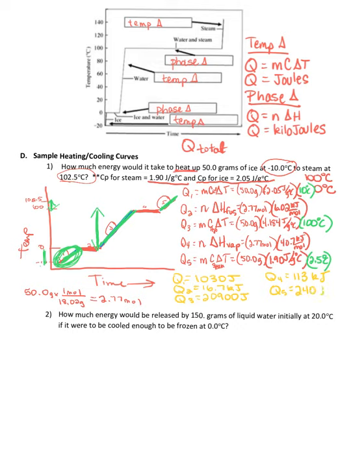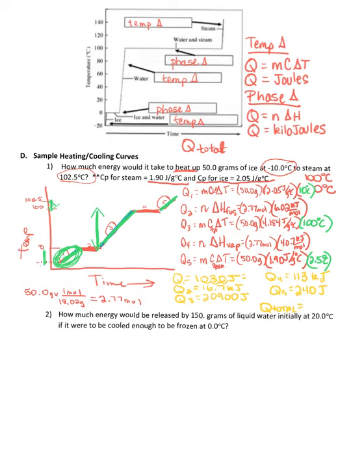Now, what I have to do at the very end here is add all these together. And the problem is, some of these are in joules and some of these are in kilojoules, and I can't add them all together until they're all in the same unit. So I have to move my decimals over.